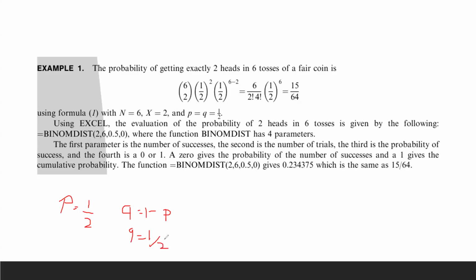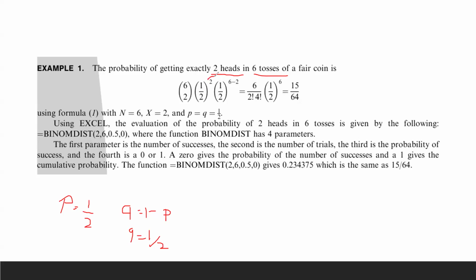I think this one is very easy. Then this question asks about two heads. Two heads come from 6 tosses. Then you can calculate by using this formula, 6C2.